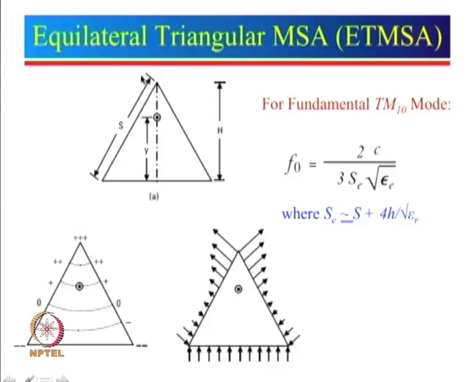An equilateral triangle is defined by its length S, and all three sides are equal. So this is S, S and S. And each of these angles is equal to 60 degrees: 60 degree, 60 degree, 60 degree.